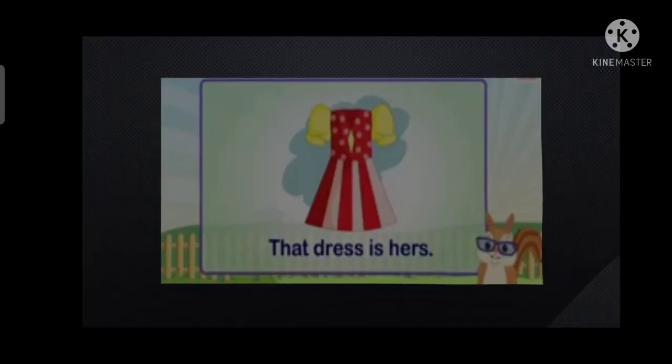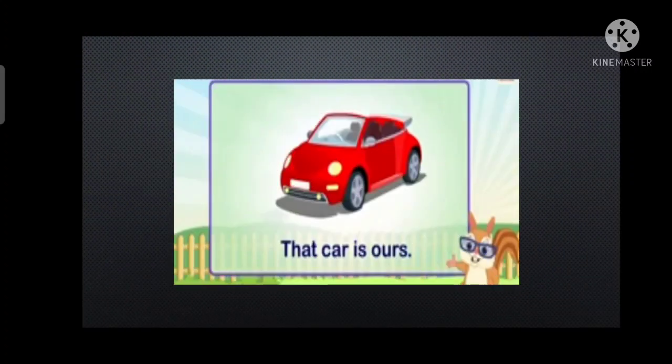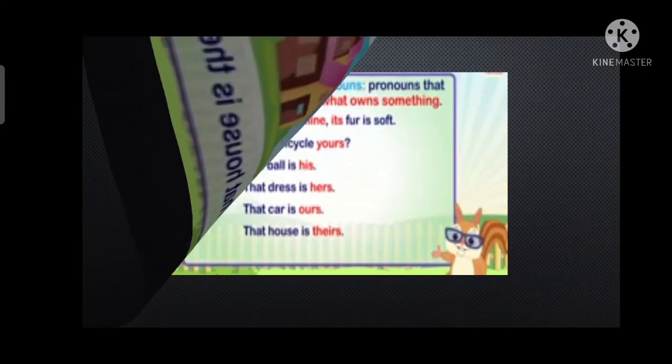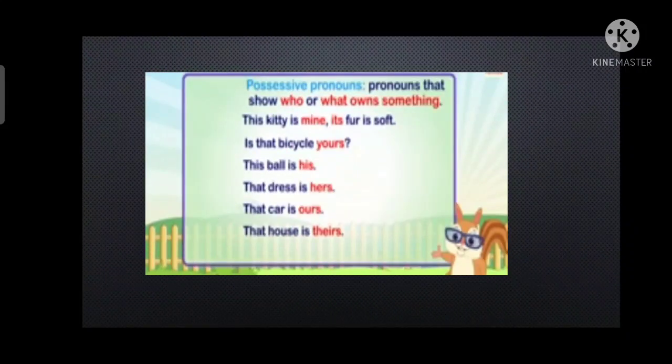Hers. That car is ours. Ours. That house is theirs. Theirs. Possessive pronouns show who or what owns something.